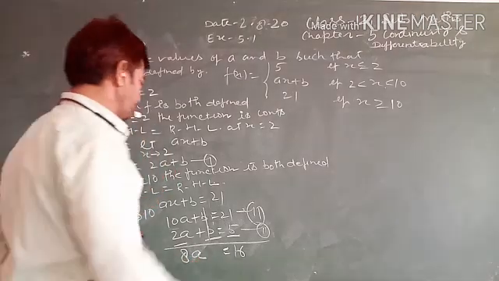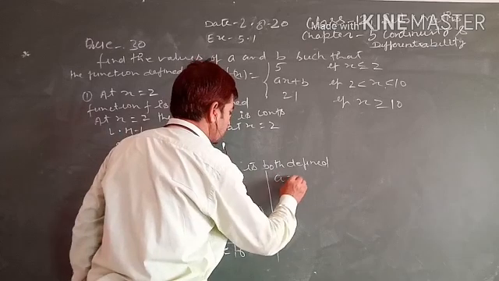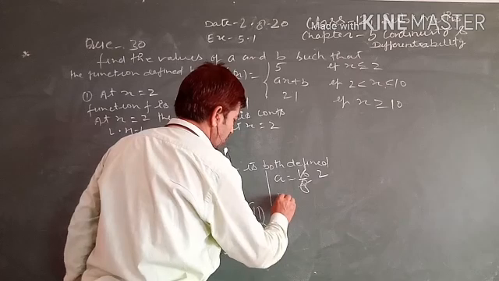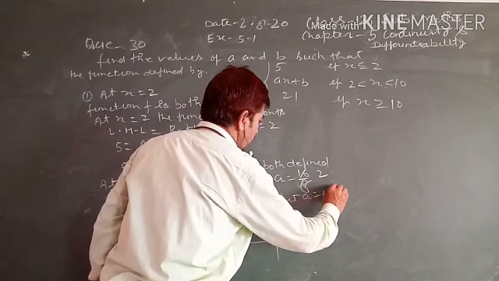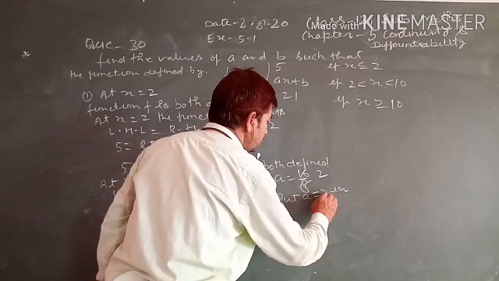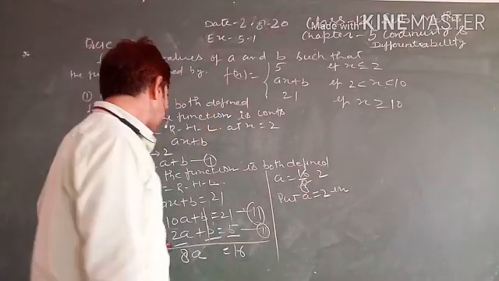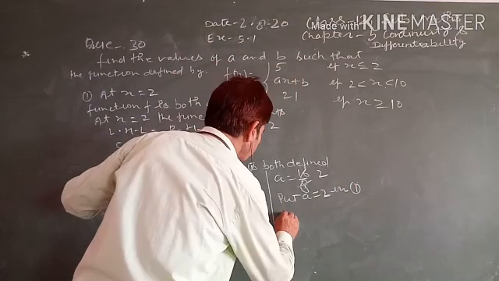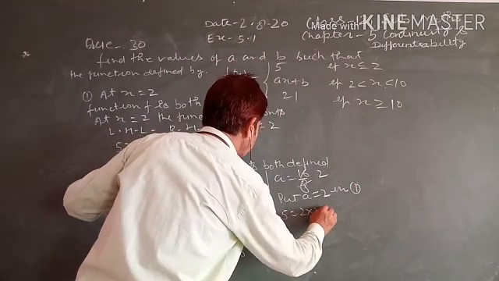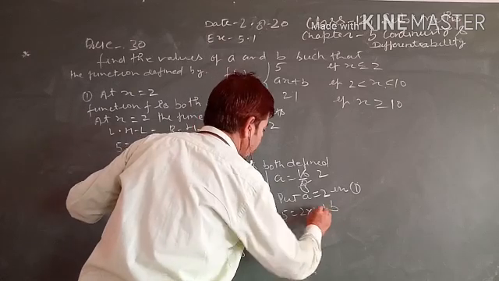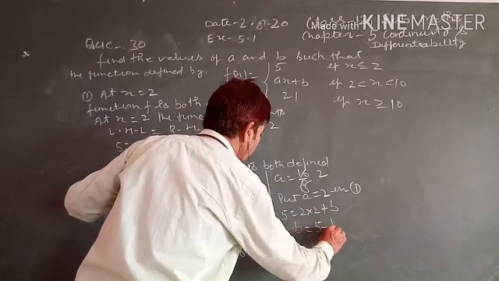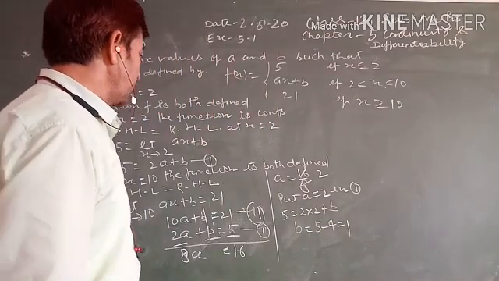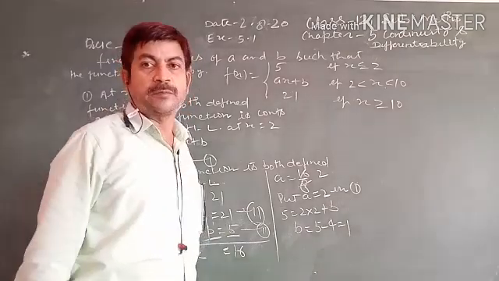This gives a equal to 16 upon 8 equal to 2. Put a equal to 2 in first: 5 equal to 2 times 2 plus b, therefore b equal to 5 minus 4 equal to 1. Thus we have got a equal to 2 and b equal to 1.